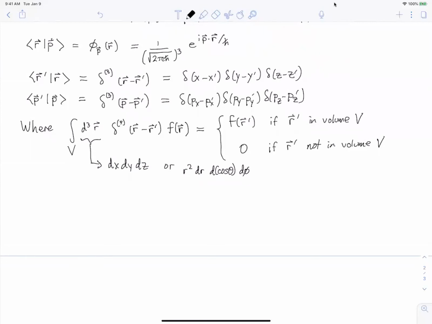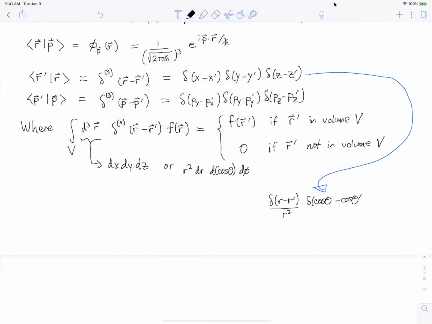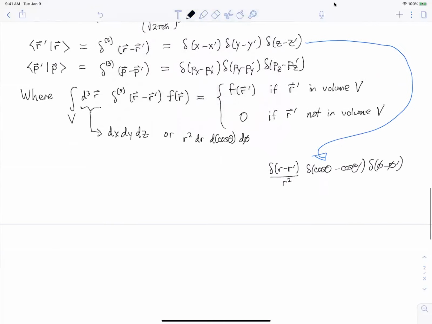And if you do write things in spherical coordinates, then the three-dimensional delta function could also be written as delta of r minus r prime divided by r squared, delta of cosine theta minus cosine theta prime times delta of phi minus phi prime. So that's if you're choosing to use spherical coordinates to do your integration.